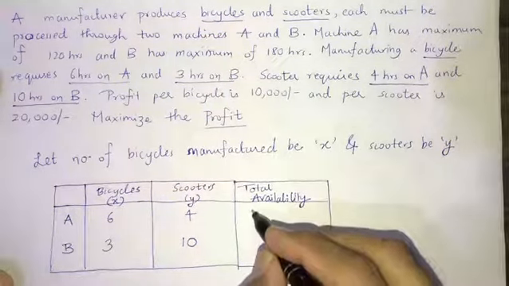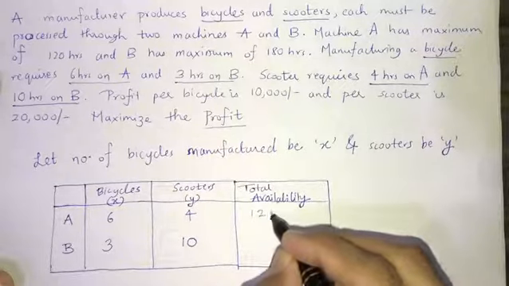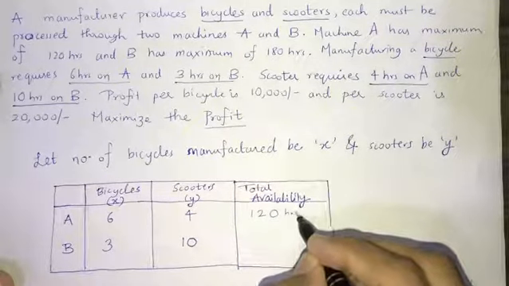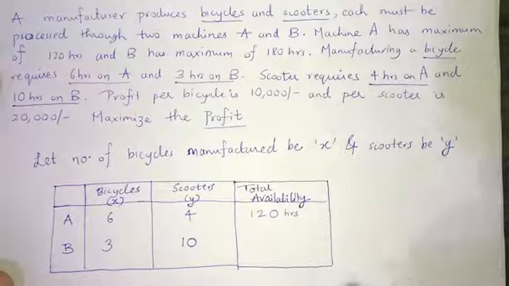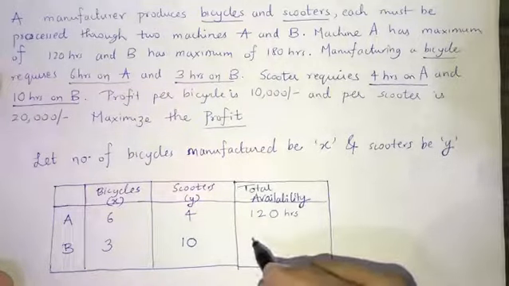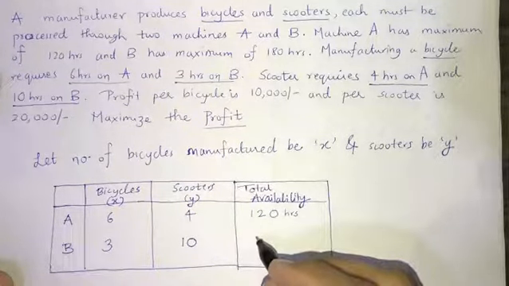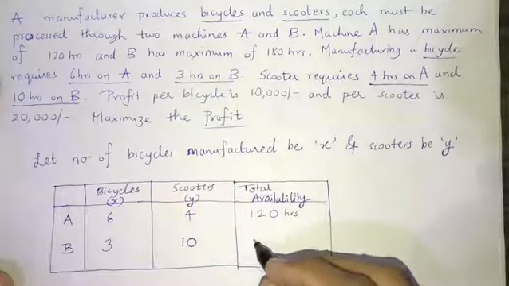So we have total availability of the machine for 120 hours, and for machine B it is 180 hours.